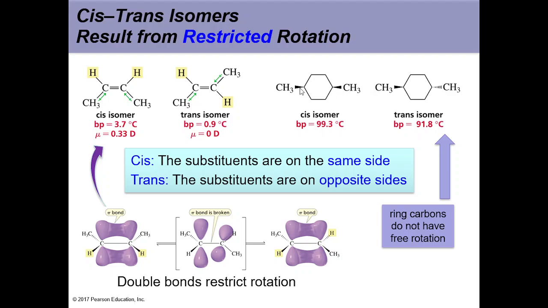It's worth mentioning that a solid wedge usually means this particular substituent or group is pointing out of the screen towards the viewer. And a dashed line usually indicates a group that's pointing away from the viewer, into the screen.